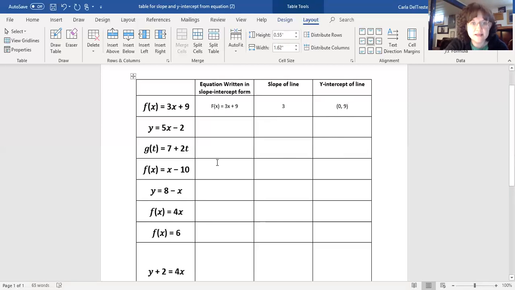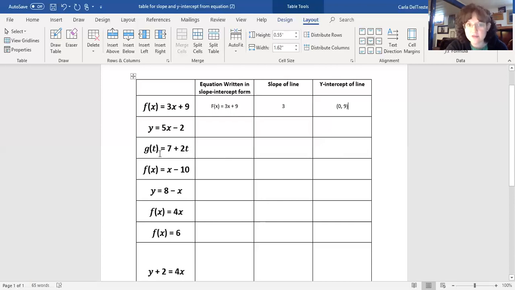Let's take a look at g of t. I'm going to leave this one for you to do. Okay, let's take a look at g of t. G of t equals 7 plus 2t. That doesn't look exactly like y equals mx plus b because these are in the wrong order. I'm supposed to have the variable term first.